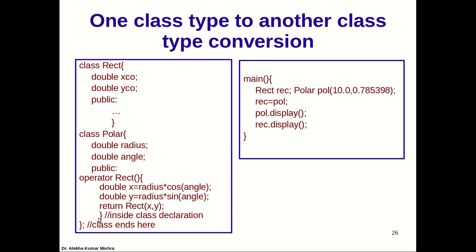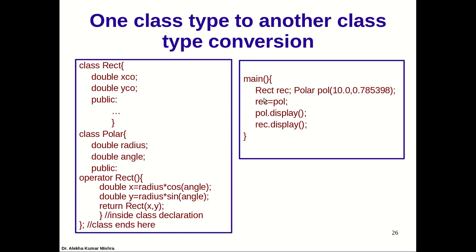So what happens when we write like this: let's say rec is an object, and pole already has a value. When I write rec equal to pole, this pole will be passed as an implicit object to this conversion function, and this pole is converted into a rectangular object, and that object is returned and assigned to rec.